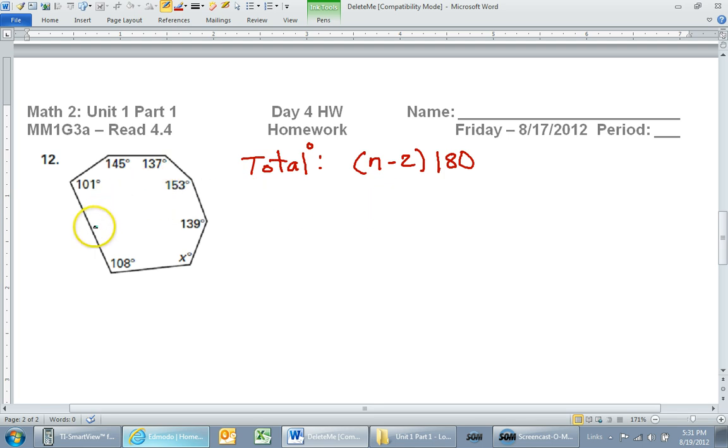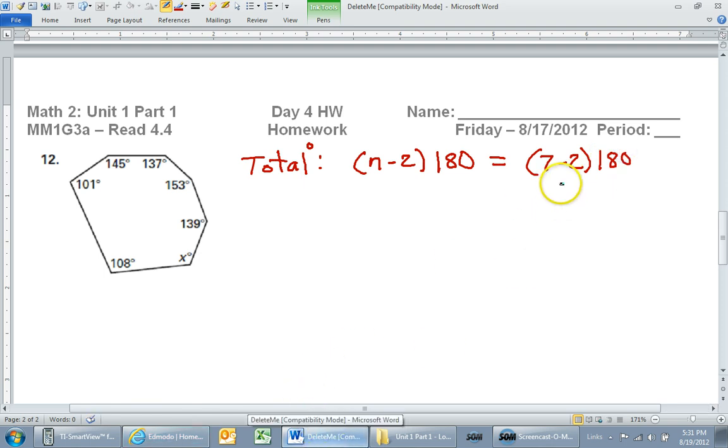So in this case, how many sides are we dealing with? Let's see. 1, 2, 3, 4, 5, 6, 7. This is a seven-sided figure. So that means the total degrees is going to be 7 minus 2 times 180.